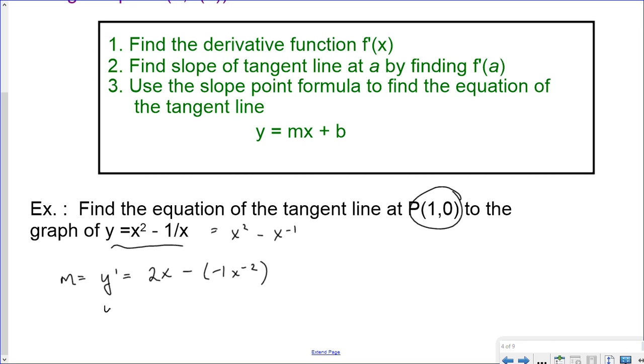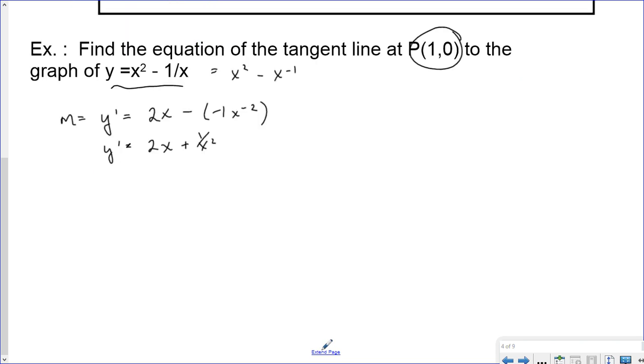A better way to write that is 2x plus 1 over x squared. So I have a derivative function. The next thing I do, you may not like this notation, but I'm going to use it anyway, is find the value of the derivative at the point x equals 1.